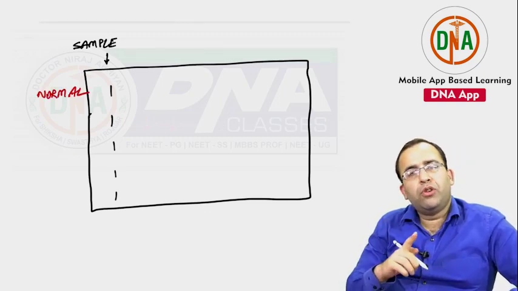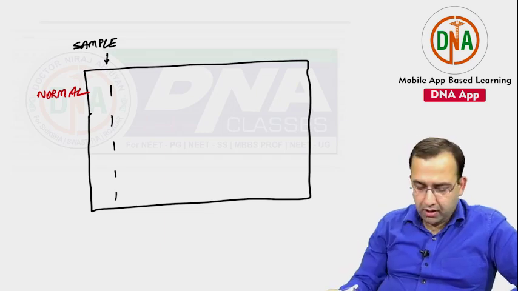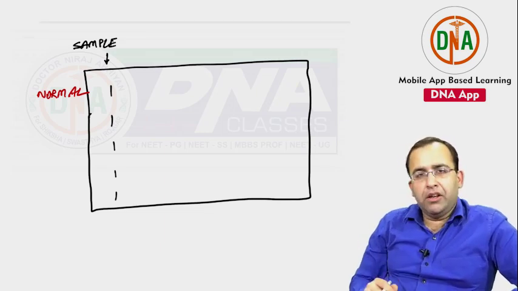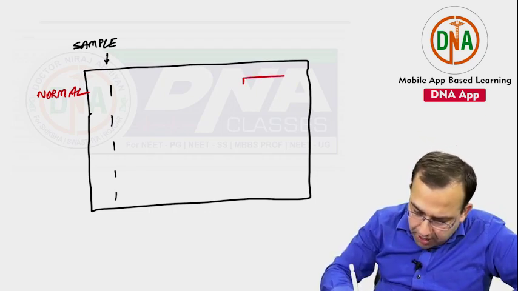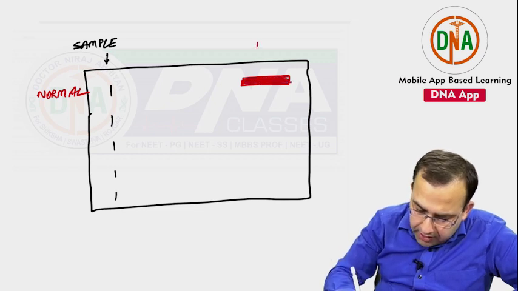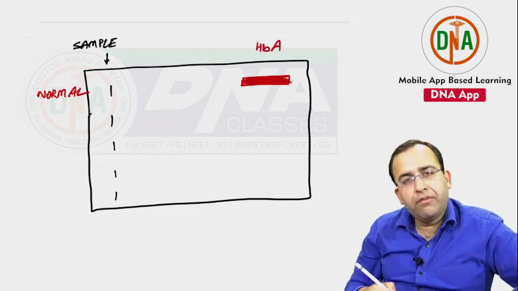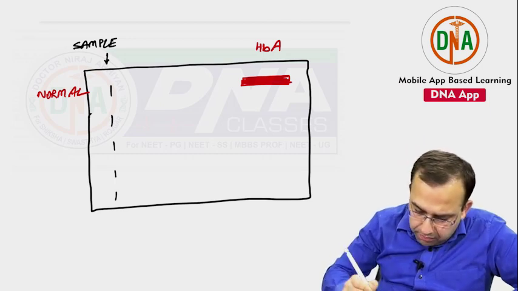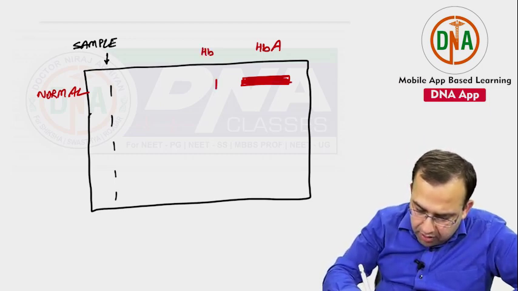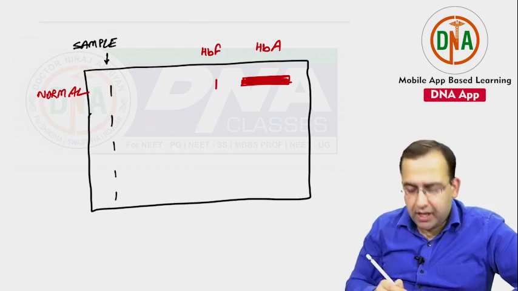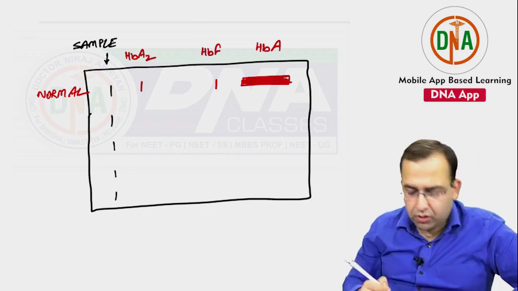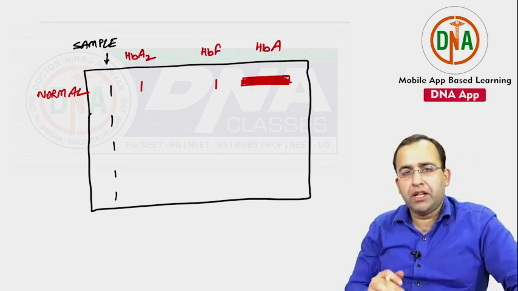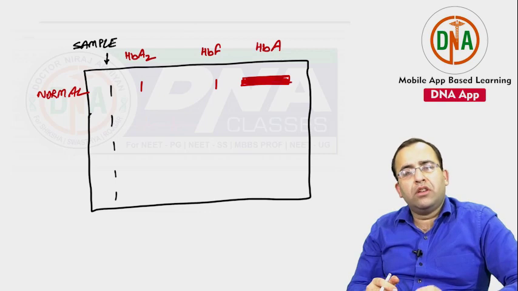There is no hemoglobin electrophoresis without normal. What we see normally is a thick band of HbA farthest from the point of origin, followed by HbF, which is close to HbA, and HbA2, which is closest to the point of application. This is normal.